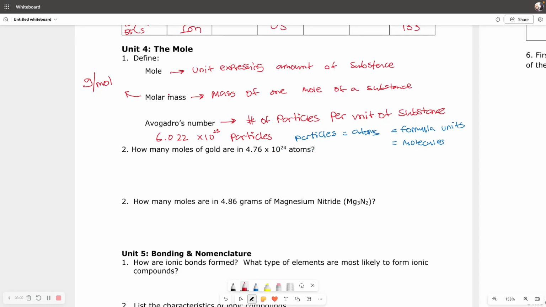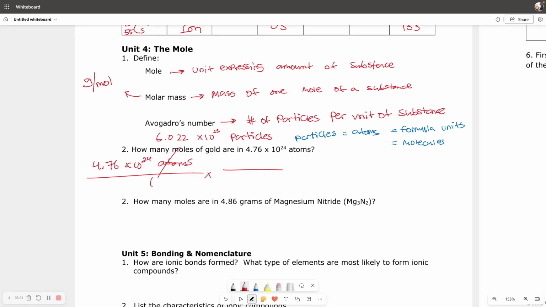Based on that information, we are asked how many moles of gold are in this. With stoichiometry and these dimensional analysis questions, we start with what we're given first. In this question, what's given is 4.76 times 10 to the 24th atoms. Times sign, draw a line, all over 1.